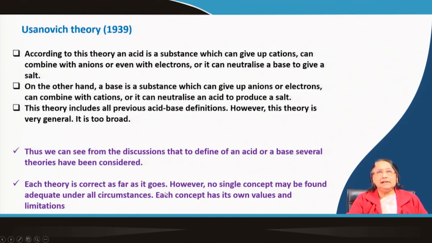However, no single concept may be found adequate under all circumstances. Each concept has its own values and limitations, and you have to decide which one you will use to explain acidic or basic properties, but you have to remember the solvent you are using to explain your things.